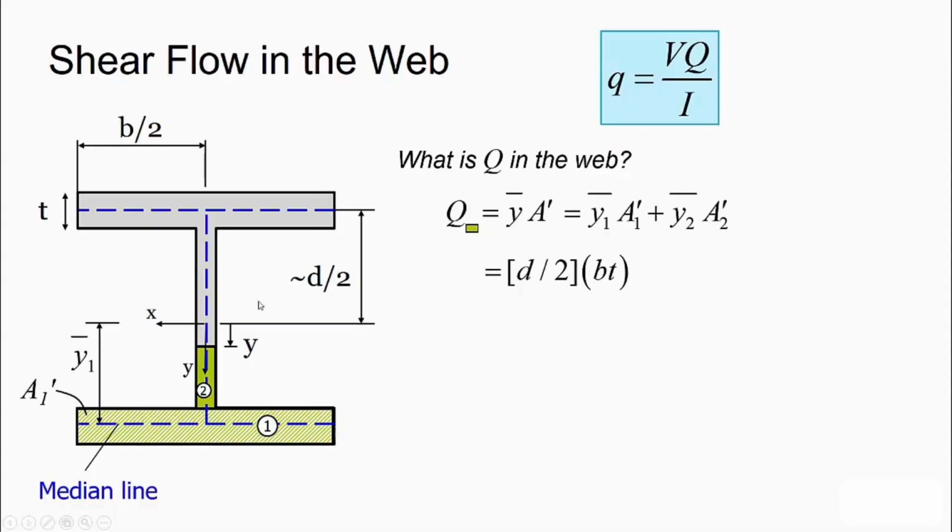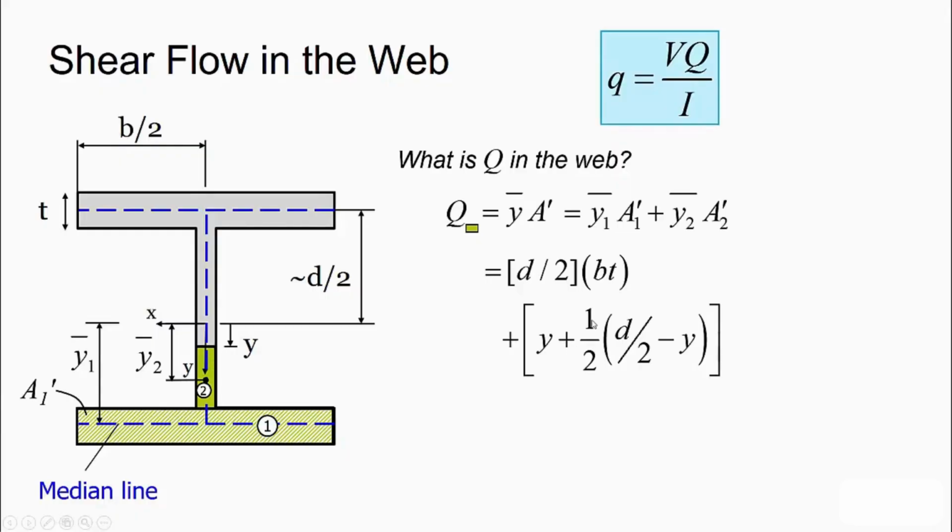Moving on to the second area, y bar 2 will be defined as the distance from the centroid of that area to the neutral axis. In this case, that distance will be y, the distance to our sectioning plane, plus 1/2 the height of this rectangle.